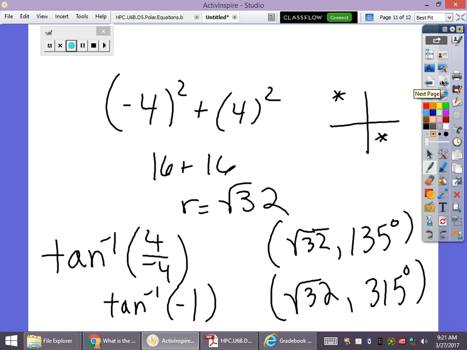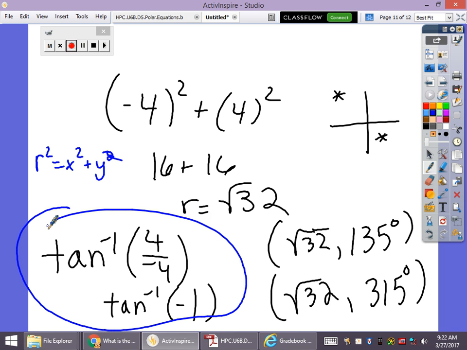Let's look at problem number 2. Okay? So the formulas are r squared equals x squared plus y squared, which is what I did right here, making r the square root of 32. Yes? Okay. The second part is tangent of the angle. So when is tangent 1? What type of angle? That is actually a hand trick one. Equal sides.